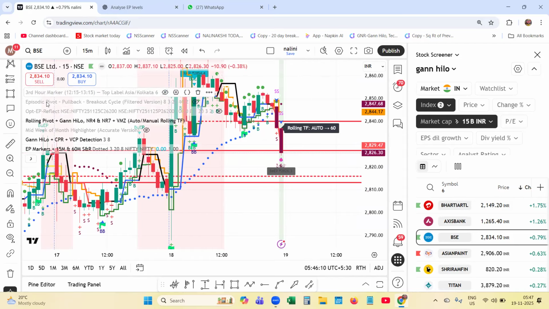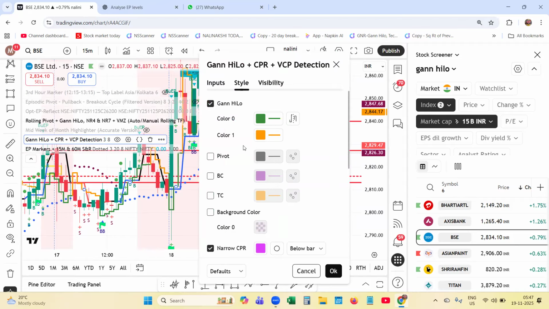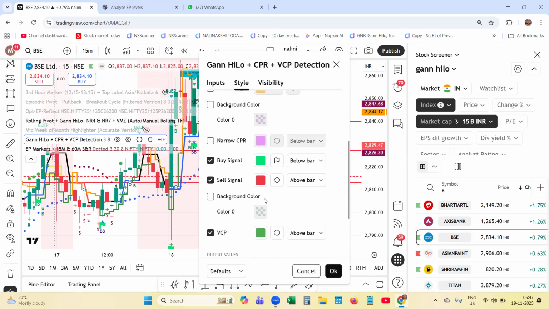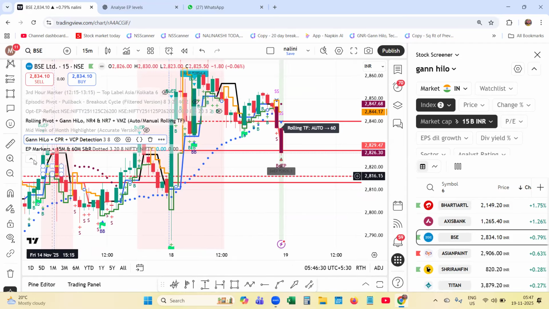Let me disable VCP and all. Not necessary, you can have it, because sometimes when the market goes sideways, we need all these things. So let me disable VCP, volatility contraction, and I have disabled narrow CPR.